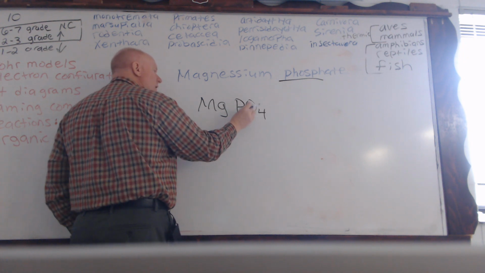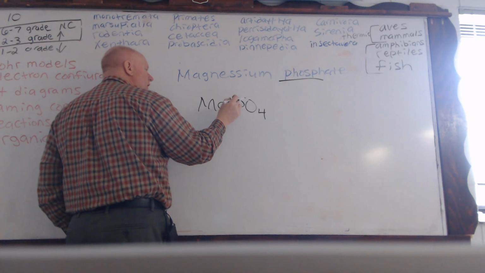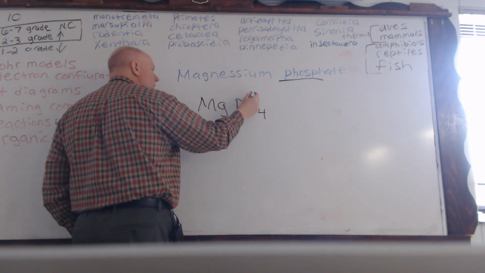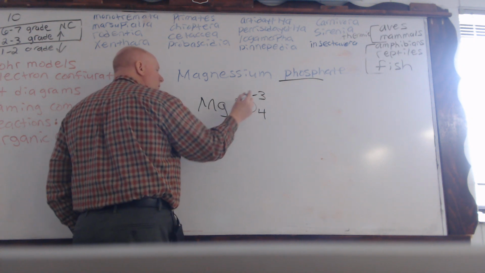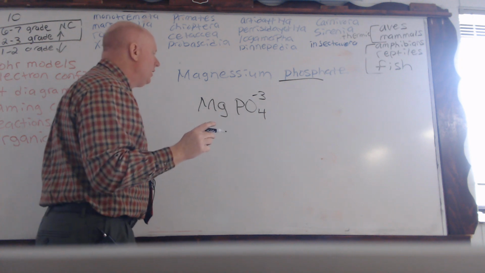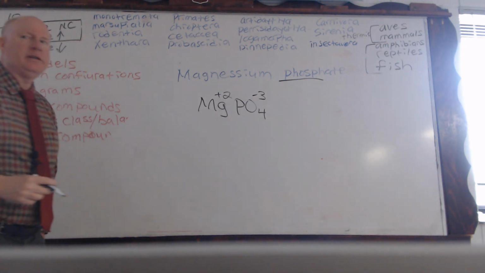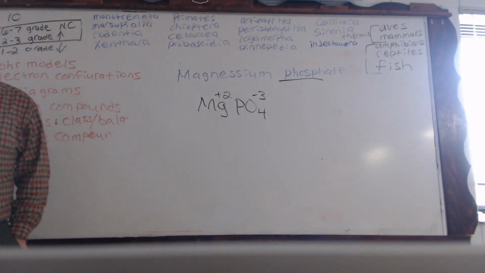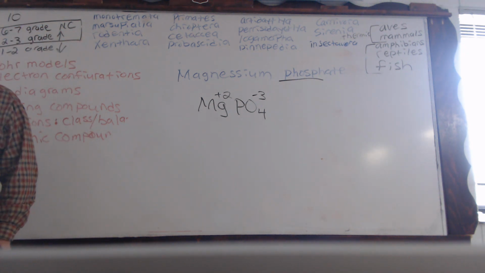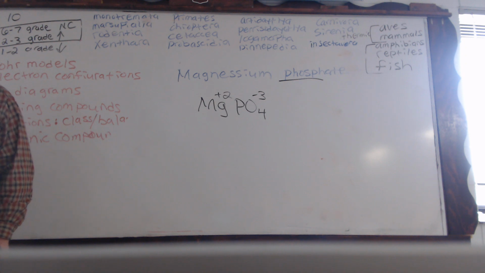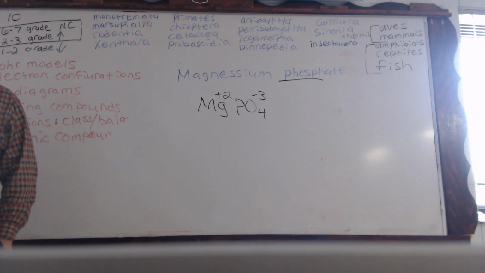And then, what does the phosphate ion have for a charge? Negative 3. What does magnesium have for a charge? Okay? That does not add up to 0. So what do we do to get this to add up to 0? You're right, but how did you know that?